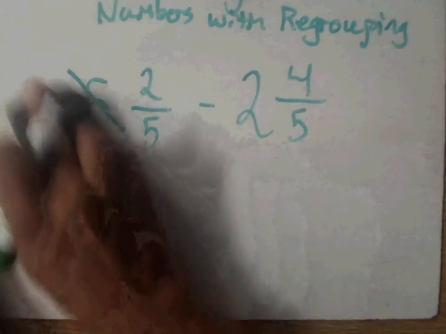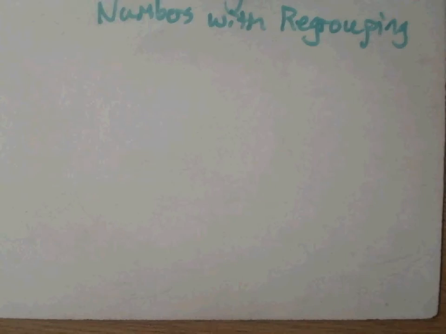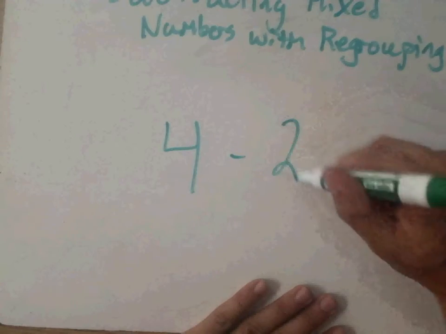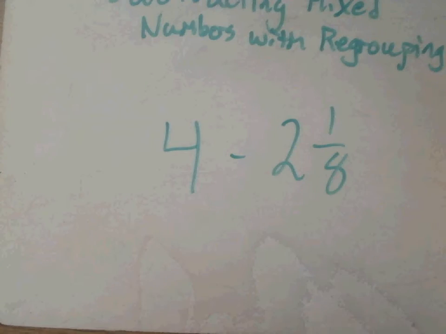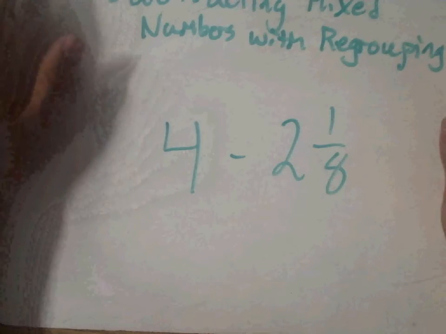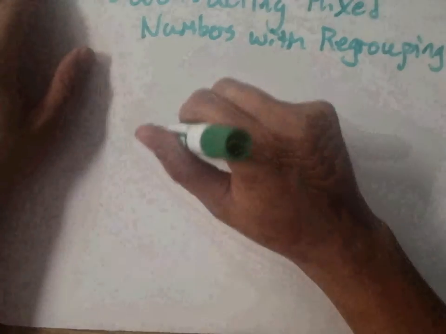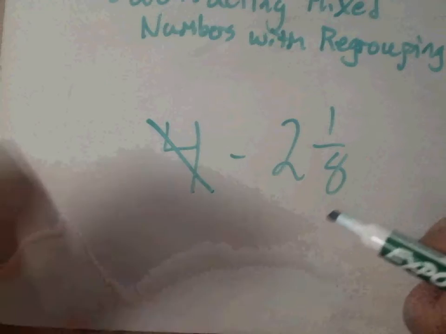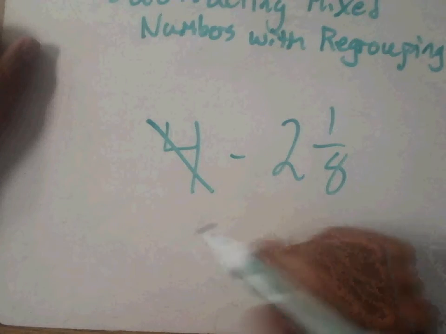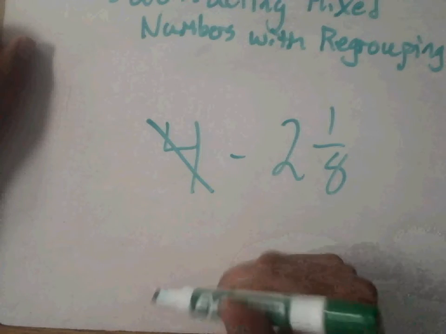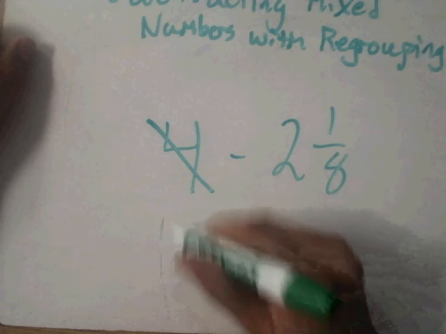And then the one last thing I'm going to show us is sometimes we'll have just a whole number minus a mixed number, right? So we have 4 minus 2 and 1/8. Again, we're going to do the same basic concept here. We are going to borrow from our whole number and then turn that whole number that we borrowed into a fraction.